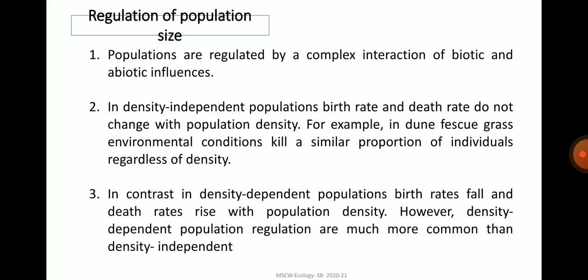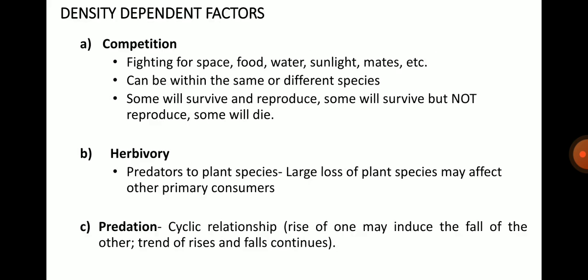In contrast, in case of density dependent populations, birth rates fall and death rates rise with population density. However, density dependent population regulation is much more common than density independent. Some of the density dependent factors are competition, herbivory, predation, parasitism, then stress from overcrowding, etc.